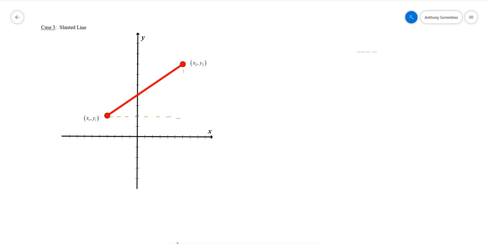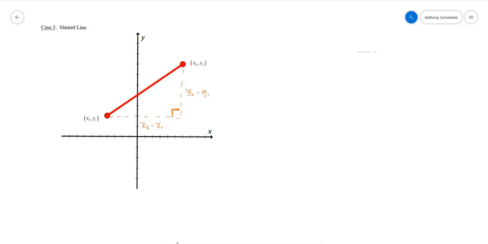This kind of gets into the concept of slope, which we'll talk about momentarily as well. I can break this slanted line up into two components, where this distance here is x2 minus x1, and this distance here is y2 minus y1.